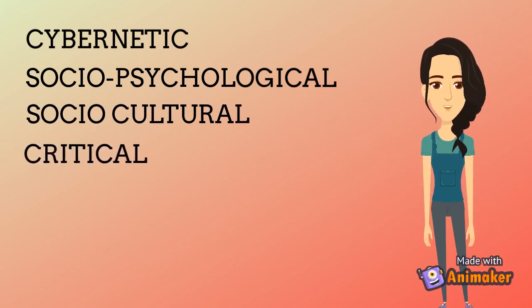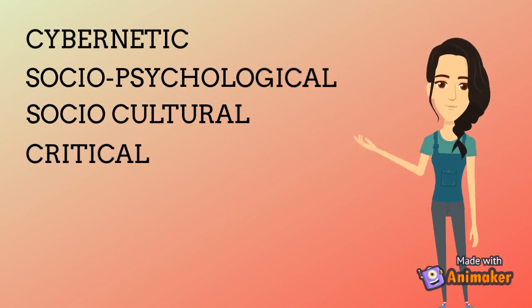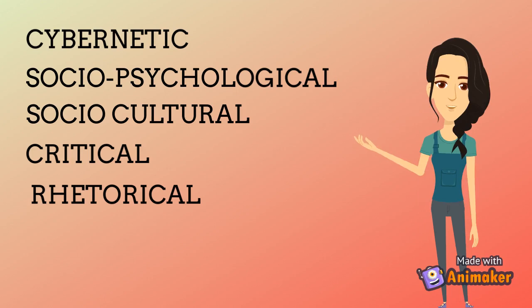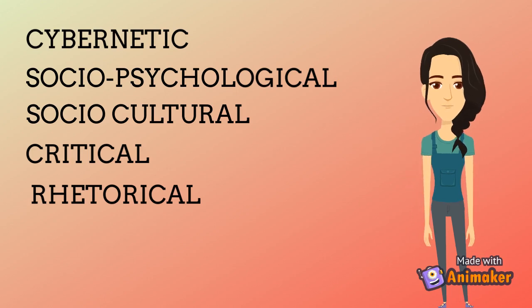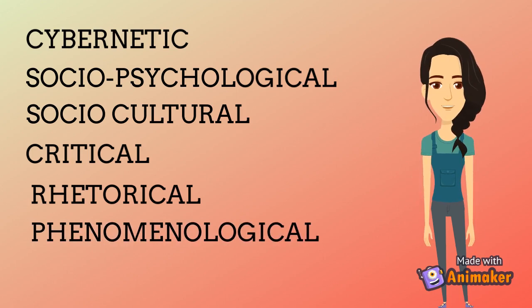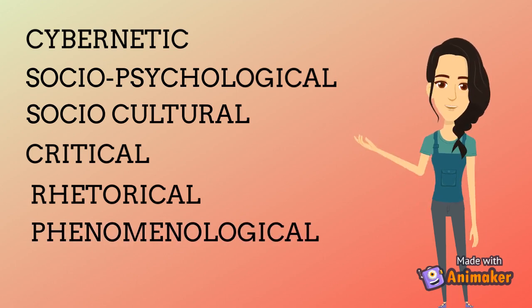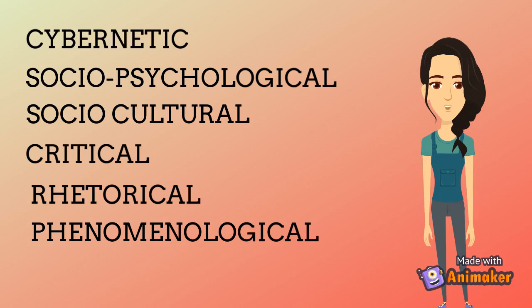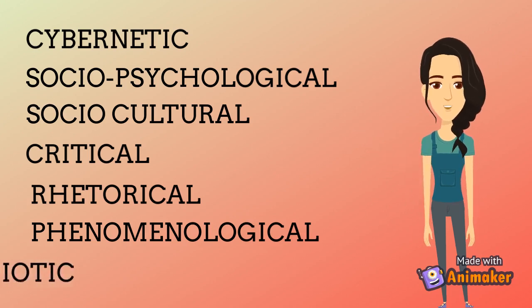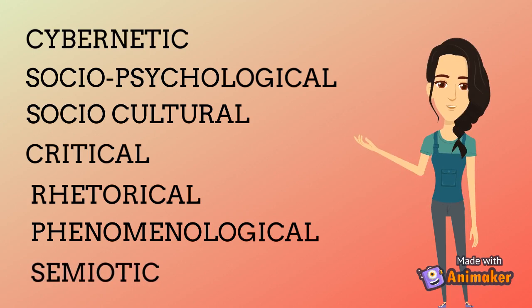The critical tradition is all about ideology and discourse. The rhetorical tradition is about communication as an art of public speaking. The phenomenological tradition focuses on the way we understand the experience of other people and the experiences of communication practices themselves. And lastly, the semiotic tradition is about signs and symbols.